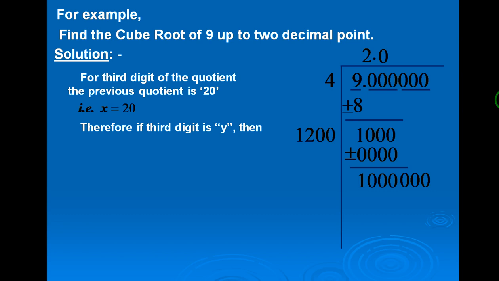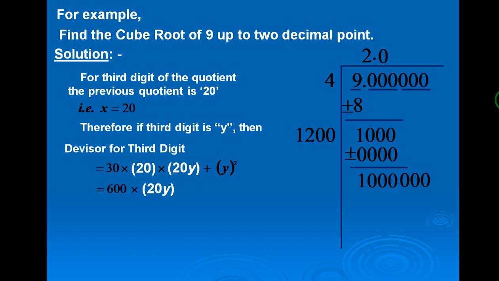Therefore, if the third digit is y, then the divisor is 30 multiplied by 20, multiplied by 20y, plus y square, which is equal to 600 multiplied by 20y plus y square. So let y be 9.